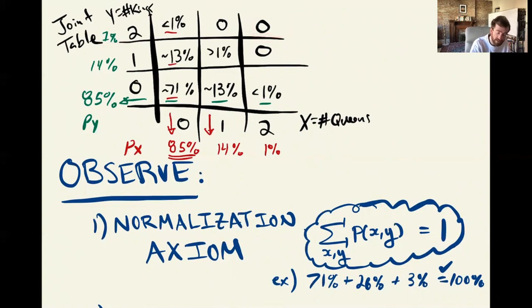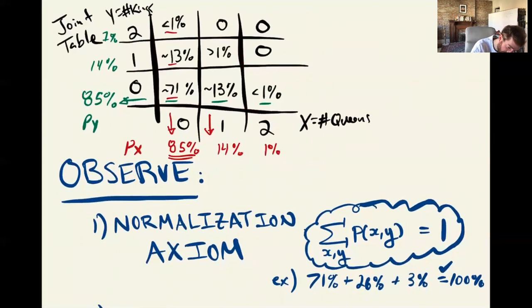And I obviously know that if I'm only picking 2 cards out of a deck, I can't have 2 queens and 2 kings. So the fact that the support, and by support I mean the set of values that are non-zero, isn't the product of the supports of X and Y automatically tells me that these things are not independent.